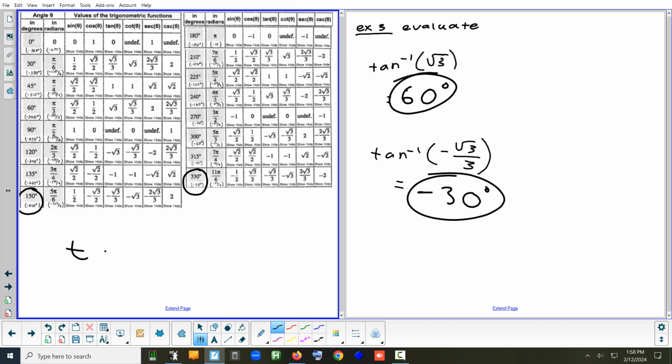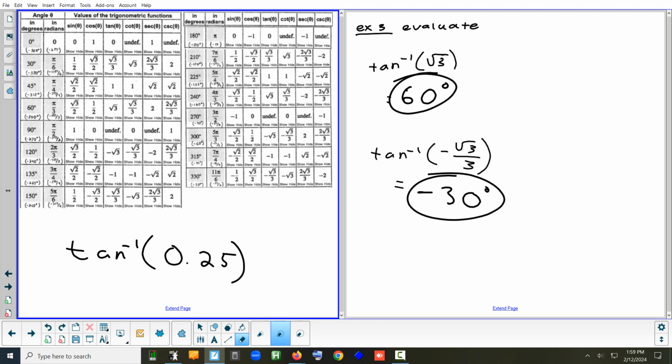Now, what if I asked you for this one? Inverse tangent of 0.25. Where is that in the table? Wouldn't it be written as 1/4? Okay, yeah, you could write 0.25 or 1/4.